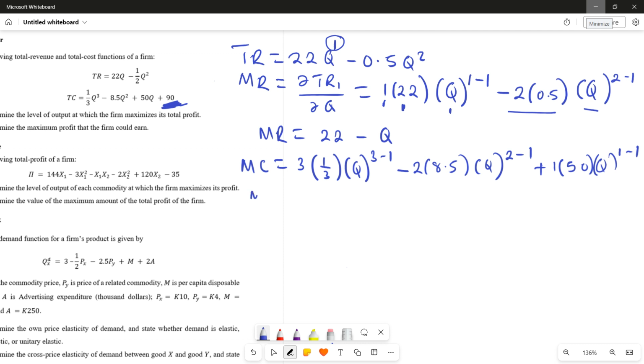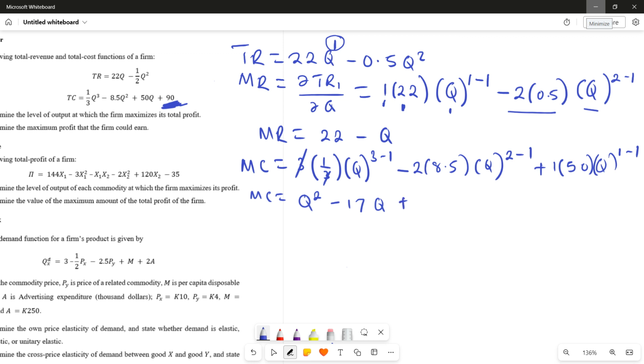So therefore our marginal cost is, now from here we're mathematicians. We know that the 3 and the 3 down can cancel, meaning that you are just going to have 1 times q to the power 3 minus 1. 3 minus 1 is 2, which means you're going to have q squared, then minus 8.5 times 2 is 17 q, because 2 minus 1 is just 1.